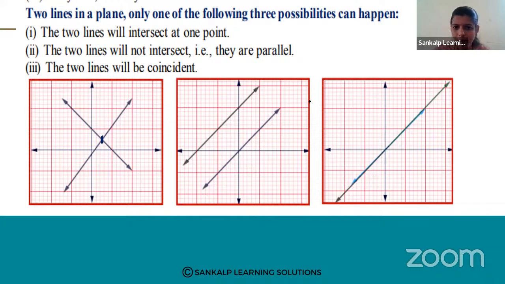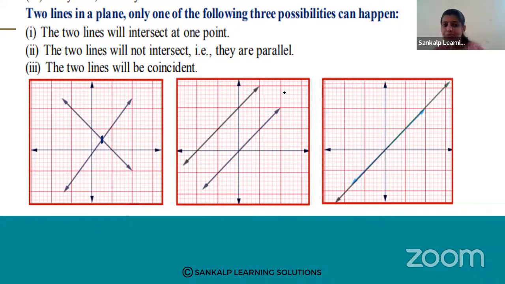If they are parallel, it looks like this. Next, the two lines will be coincident. This is the third possibility. The two lines are coincident, or you can say they are overlapping one another. One comes on top of the other, coincident, right? So these three possibilities we will get.